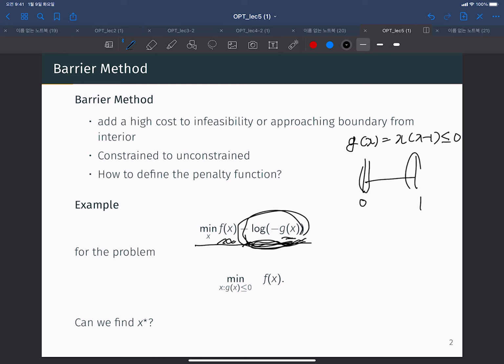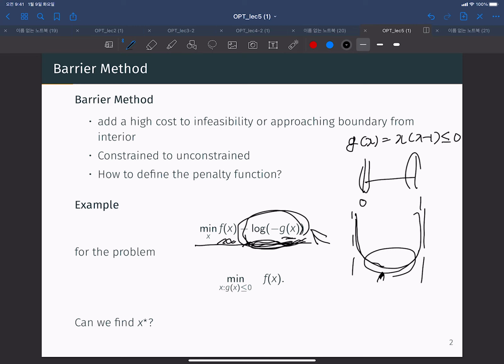So this barrier function basically has a shape like this in the 0 to 1 interval, so that your optimization process is always located here. When you run gradient descent or some other technique, with any initial point here, the process never escapes the area between 0 and 1 because of this barrier function.